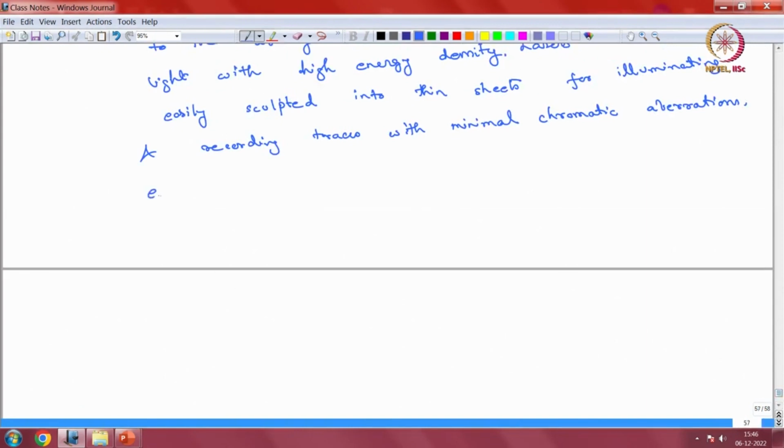Now, for example, a very often used laser is the helium neon laser, which usually operates at 633 nanometers. We also have argon ion lasers which are often used. Here the wavelength is either 514 or 488 nanometers.